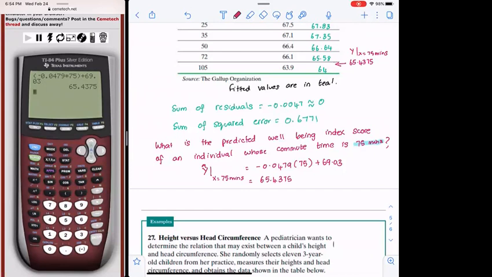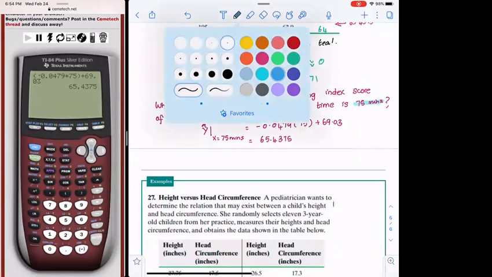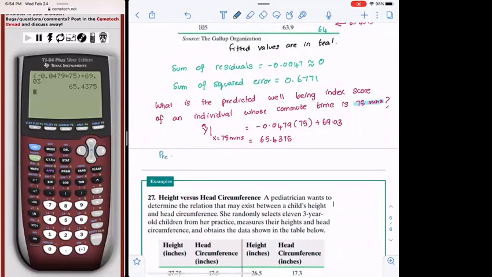A word of caution when predicting the way I just did: predictions can only be done within the observed range of X values.